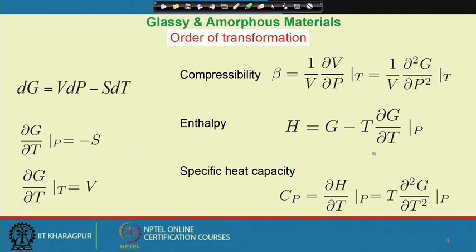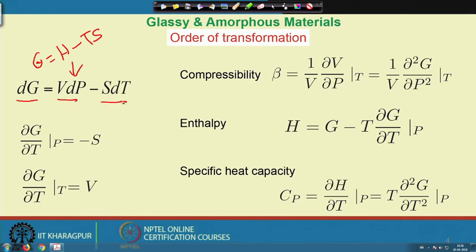Now, let us recapitulate some of the basic understanding we had regarding thermodynamics. In thermodynamics we already know that G, that is free energy, is equal to H minus TS, and from there we come to the partial equation dG is equal to V dP minus S dT.